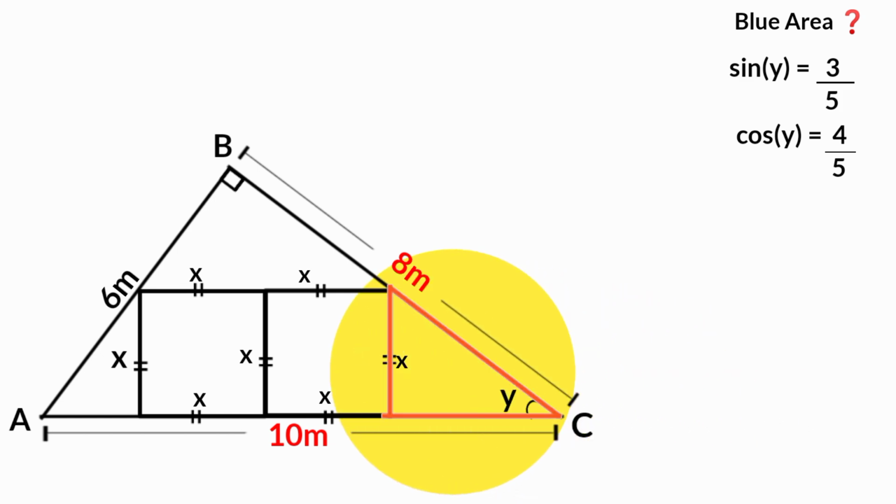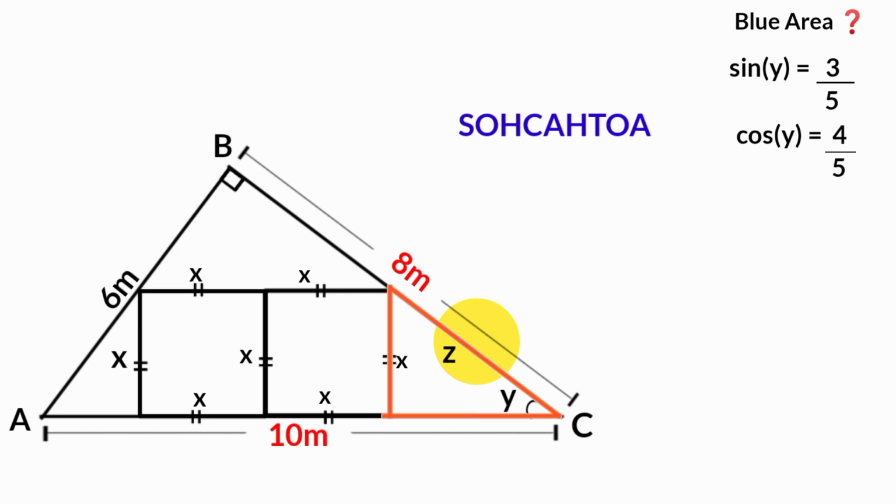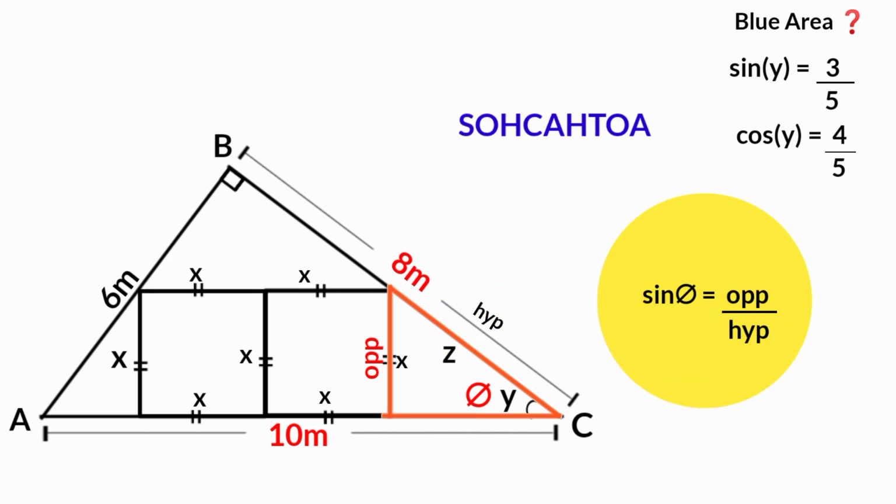Coming to this triangle, since this is also a right angle triangle, we can also use SOHCAHTOA. Assuming the length of this side is z and this is theta, there is the opposite and there is the hypotenuse. From here, sin theta equals opposite over hypotenuse. Theta is y, opposite is x, and hypotenuse is z.